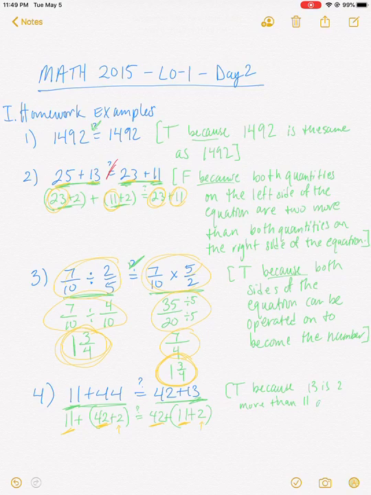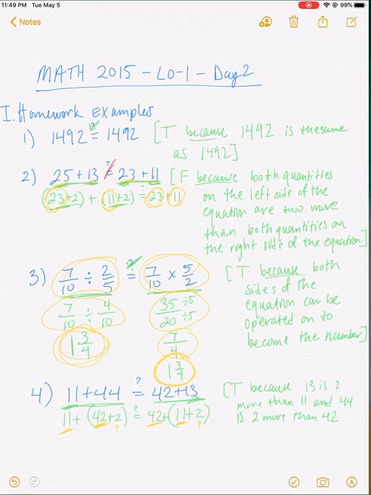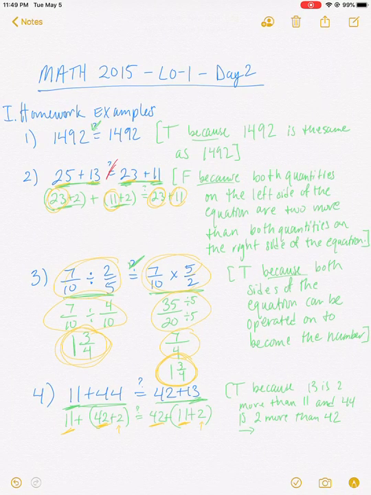And 44 is 2 more than 42. Okay. Now 44 is on the left side and 42 is on the right side, so they've both been balanced here. So we can say therefore they're balanced.